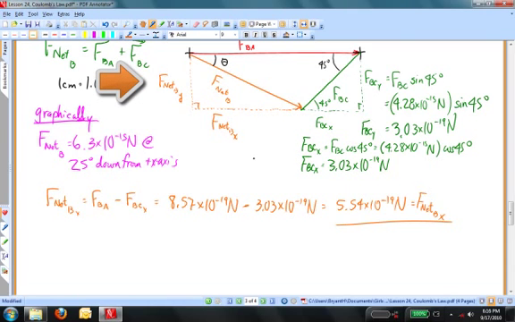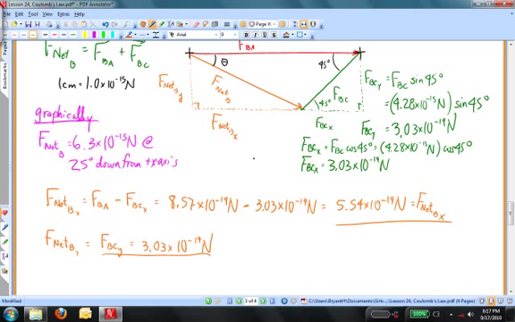Now let's work on the y component. The y component is going to be the same as FBC in the y direction, because there is no y component of FBA. So it has a y component of 3.03 times 10 to the minus 19 newtons in the downward direction. So now I know the horizontal leg of the net force triangle.